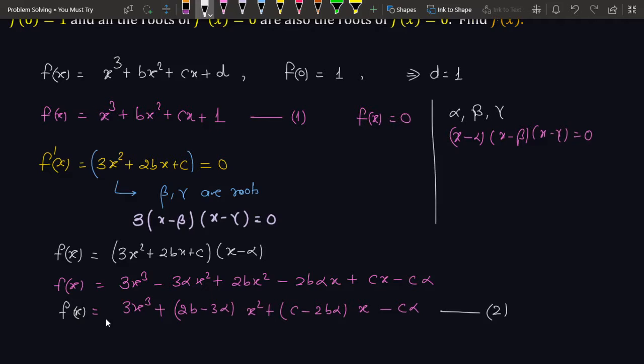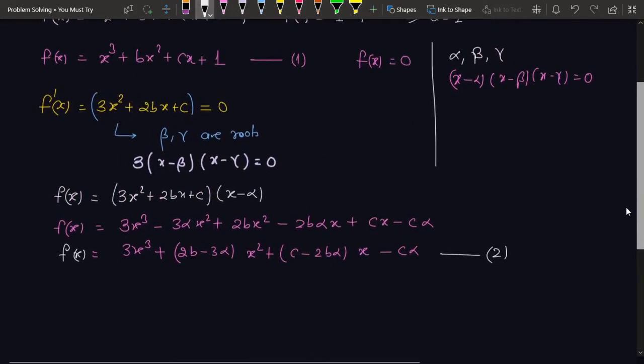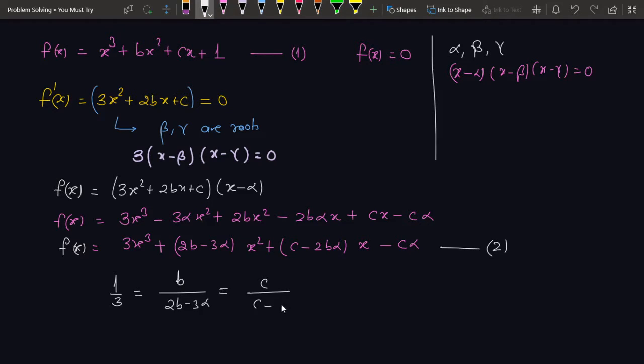If two different functions are representing the same curve, that is possible only if one of them is some multiple of the other. This can be written mathematically as 1 by 3 is equal to b divided by (2b minus 3 alpha), equal to c divided by (c minus 2b alpha), and equal to 1 divided by negative c alpha.